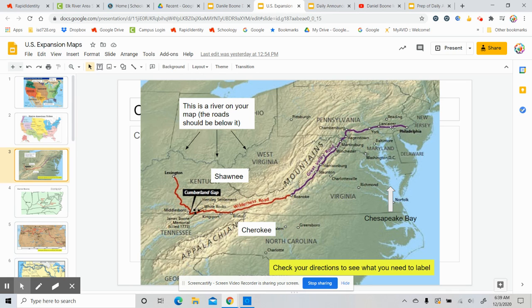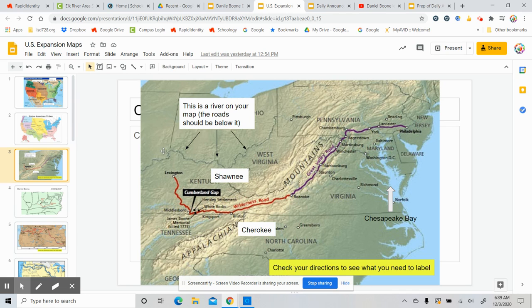So here's Chesapeake Bay. Once you find that, his route starts above it. It swipes down in a little curve like this. Then you get to the Cumberland Gap, which if you trace straight across, you're at the point of Virginia. Kentucky's there, Tennessee's right below, so it's right on the border there. That is the point where his route starts to hook up just a little bit to Lexington right here.